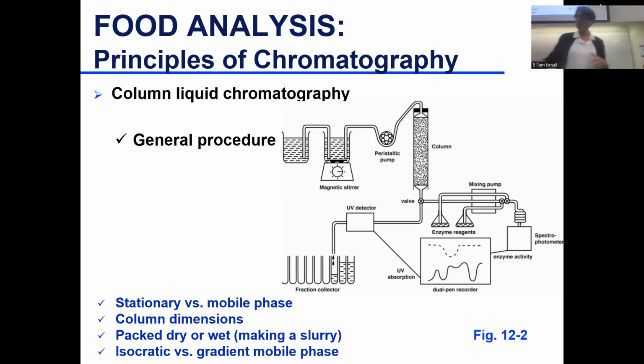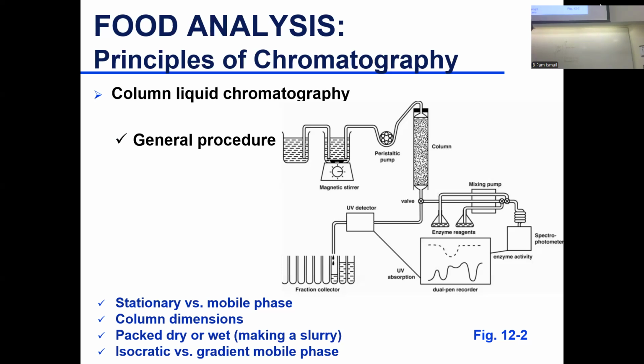But these columns are filled under relatively low pressure, and they come in all sizes depending on what we want to do. So do we want to separate large quantity and we don't care about purity and we don't care about perfect resolution? Then we use columns like this, or even bigger and wider. So if we really want good separation, good resolution, we tend to use longer columns.